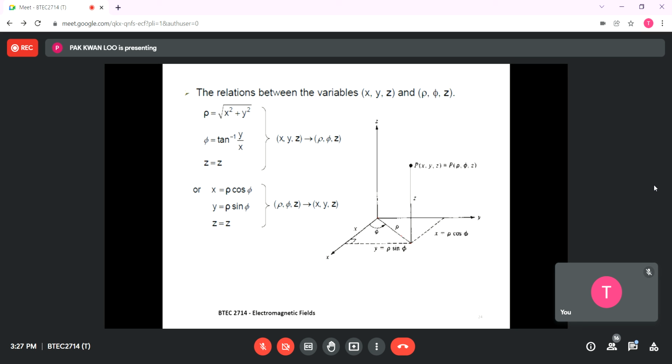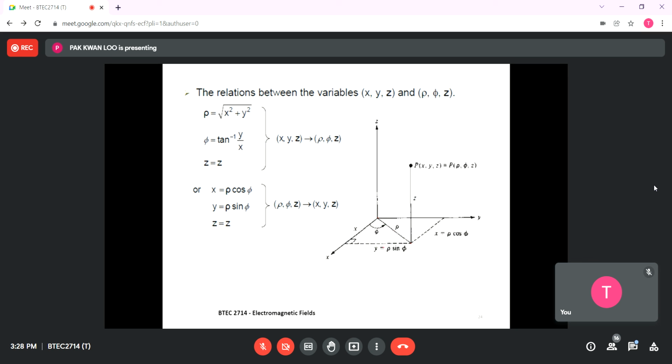So we can associate this as x equals rho cos phi, and y equals rho sine phi. This should be easily understood. We are just applying the triangle solution, given the hypotenuse length, which is rho, and then we can decompose the adjacent length and also the opposite length of the triangle.